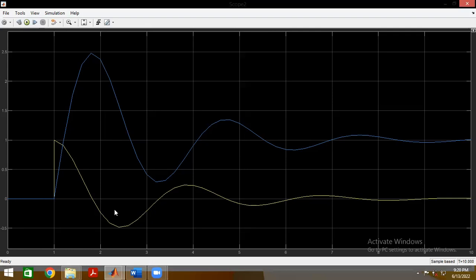So another way of looking at it is that the blue curve is the integral of this multiplied by a factor, that factor being the gain factor of the integral, which is 5, right? So this is how the integral controller works. It looks at the error, it integrates it, and it takes action based on the area underneath the error function.